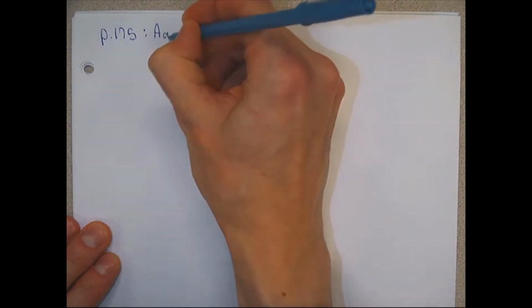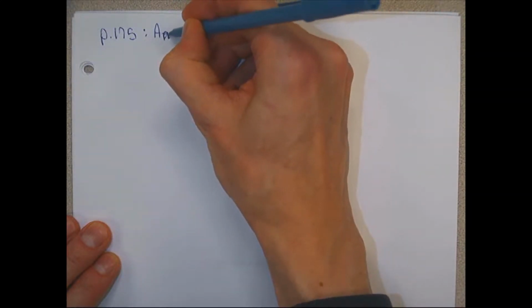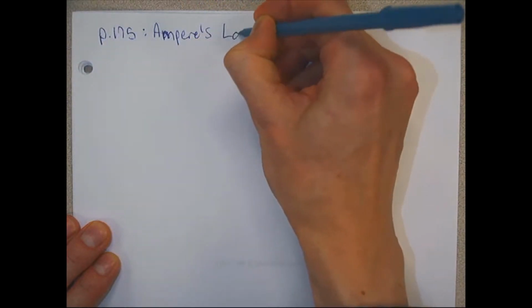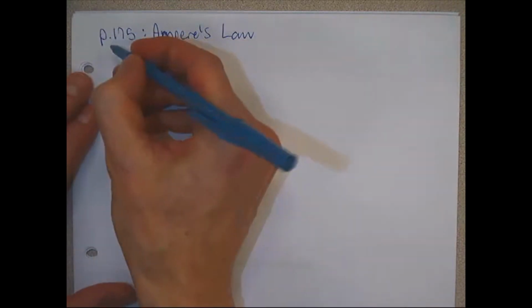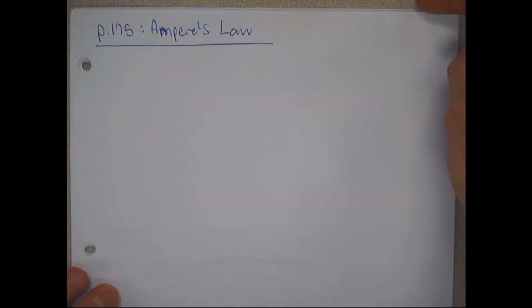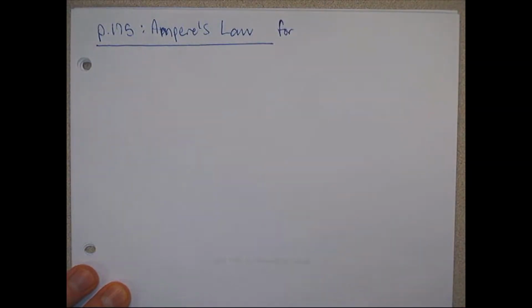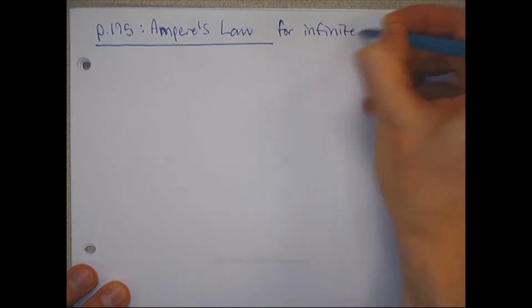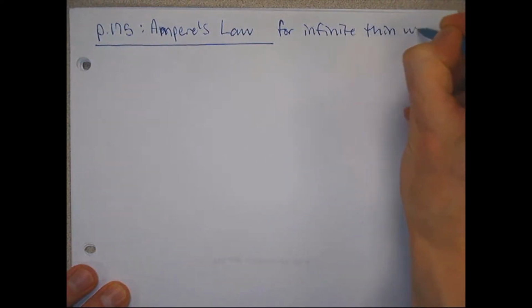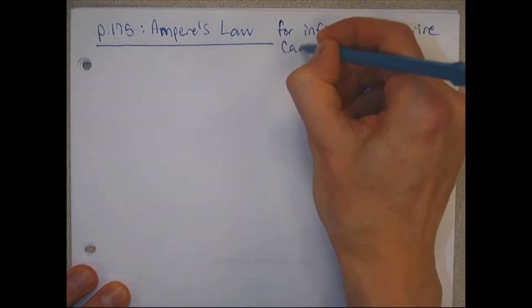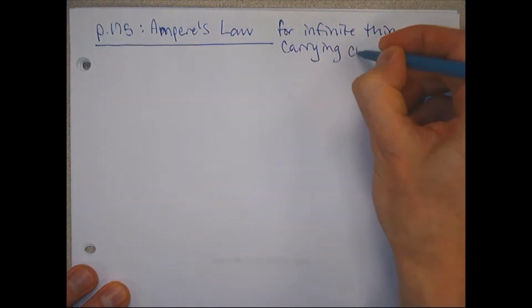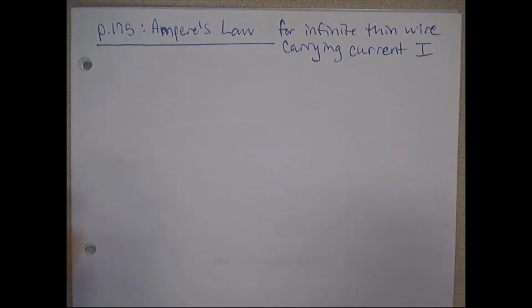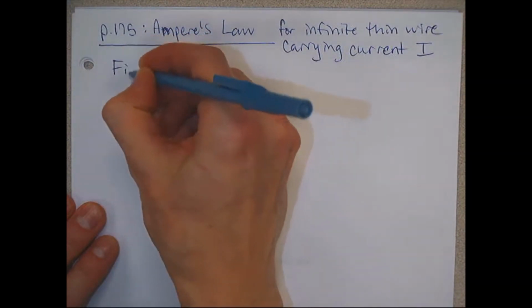On page 175 is the simplest application of Ampere's law. Just like with Gauss's law, where we started out with a point charge, here we're going to demonstrate the use of Ampere's law for an infinite thin wire carrying a current I. This happens to be a problem that you know the answer to already.